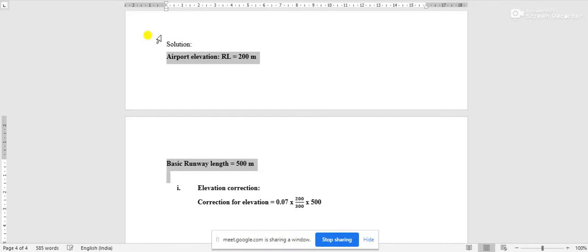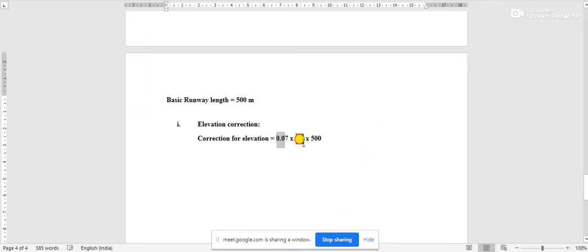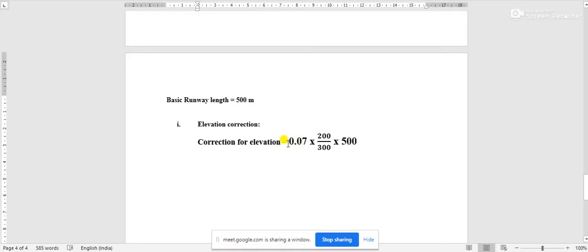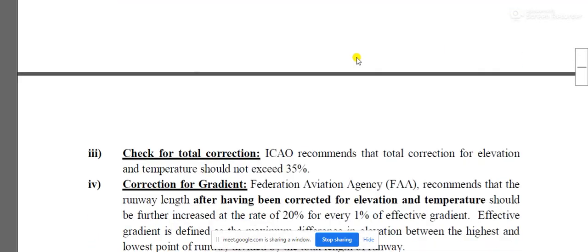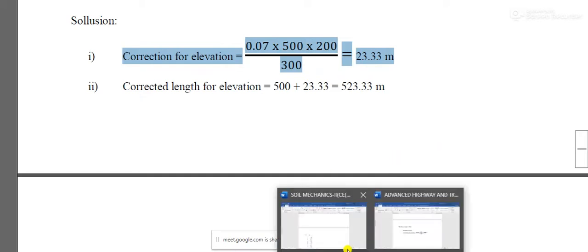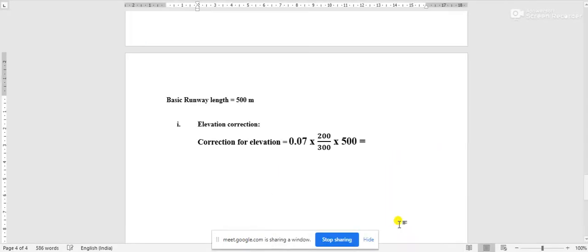These two data are given, and from these two data you may make the correction, that is 7%, that is 0.07 multiplied by 200 by 300 multiplied by basic runway length, and that is equals to, you may calculate yourself, I think 23.33 meter.